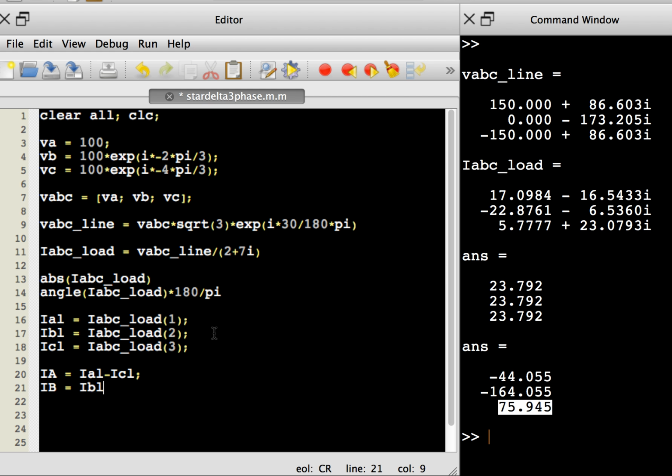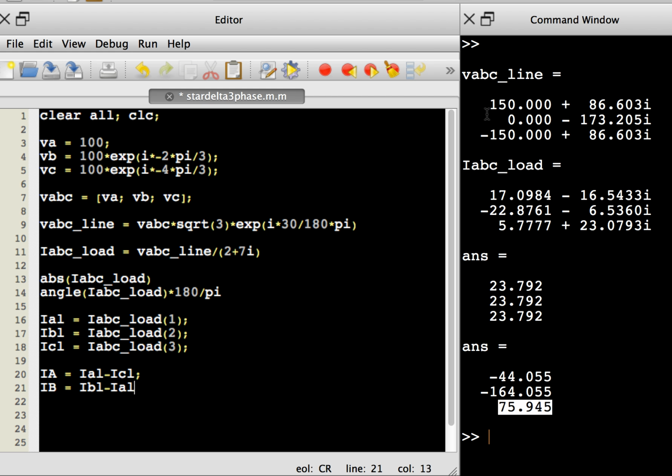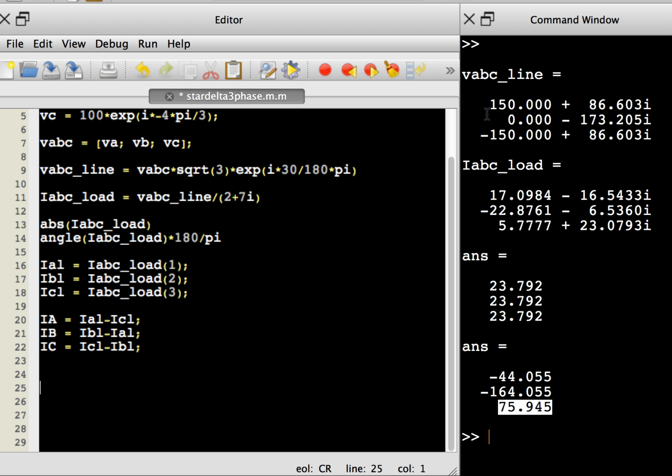What is I capital B? This is IBL minus IAL. Finally, I capital C is ICL minus IBL. So I have these three currents.